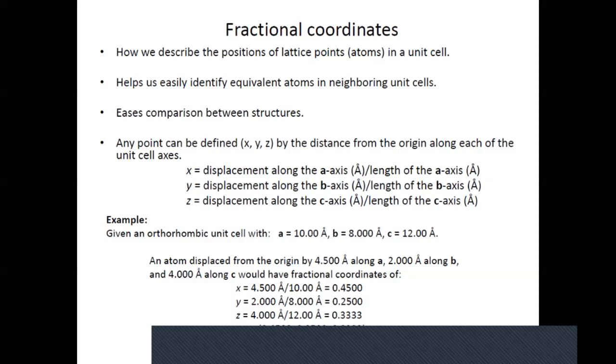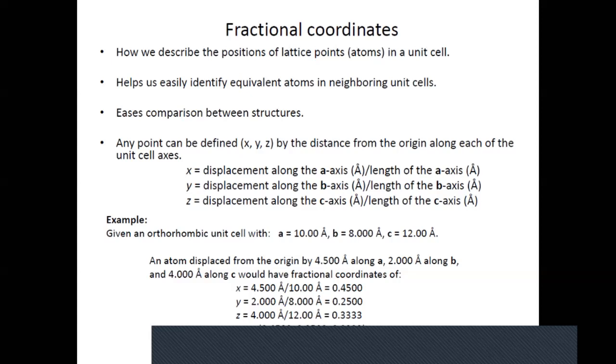So in theory, your fractional coordinates should not be greater than 1, because if you're dividing the displacement along an axis by the length of the axis, in theory it should be less than 1, but we'll see that sometimes we have fractional coordinates that can be greater than 1 as well. And so the way you find the fractional coordinates is you see how far it has displaced along that particular axis and divide by the length of the axis.